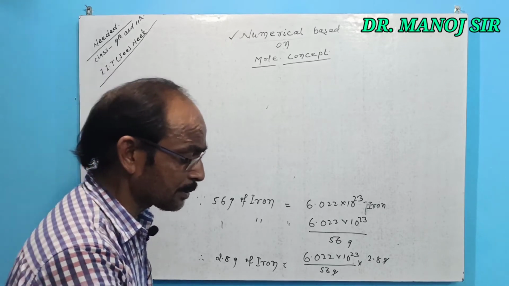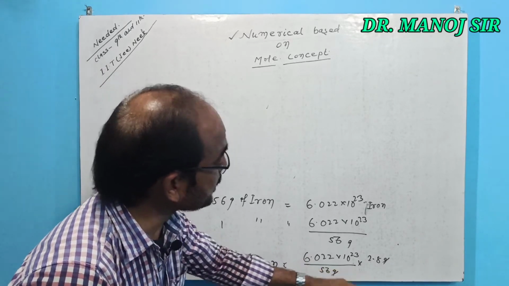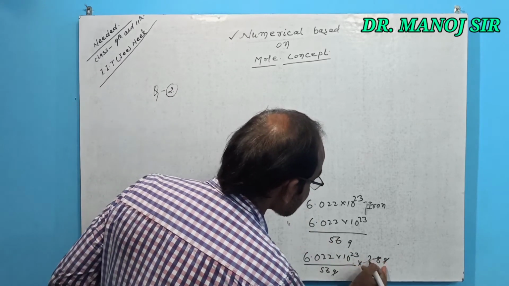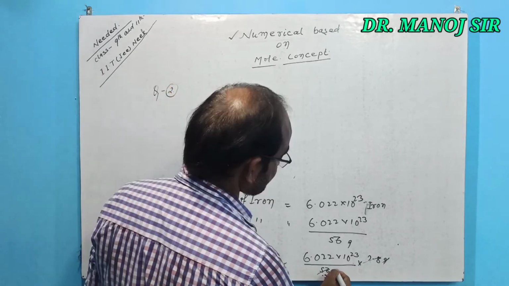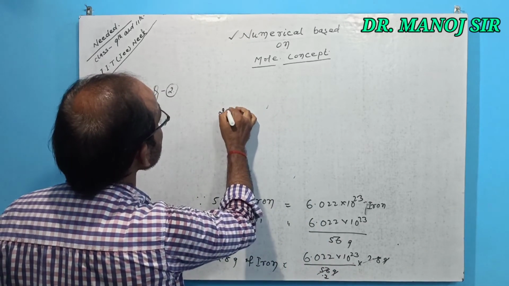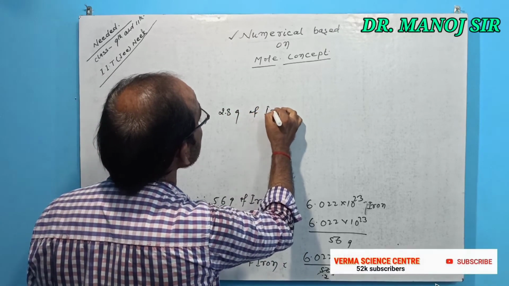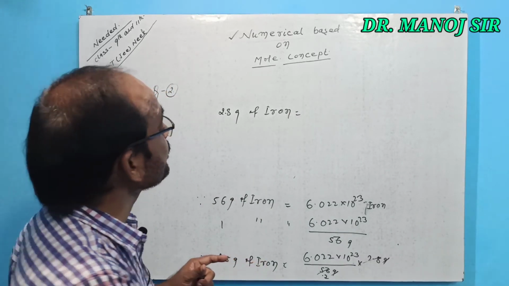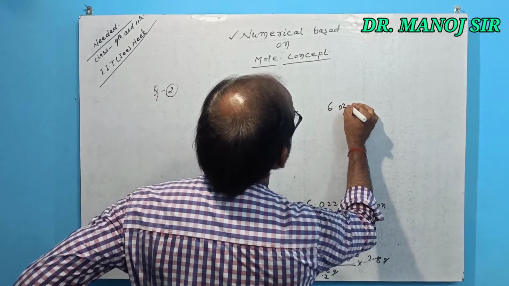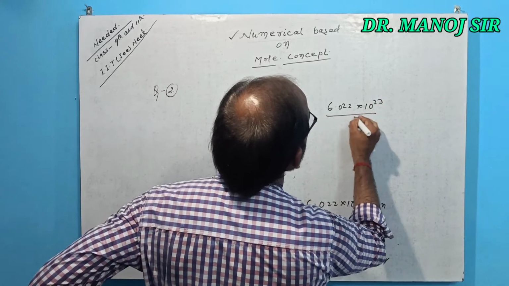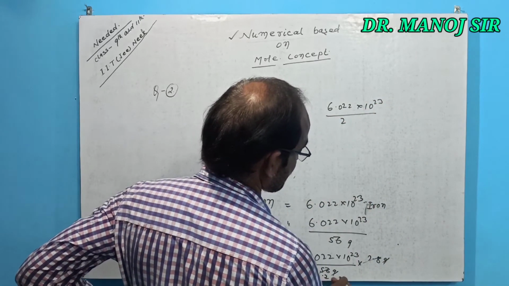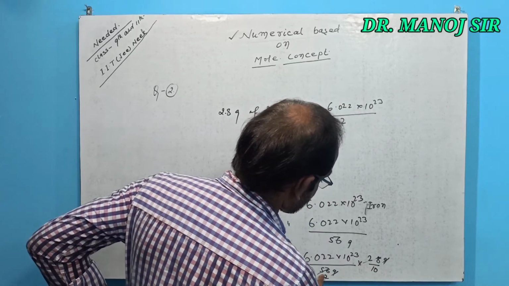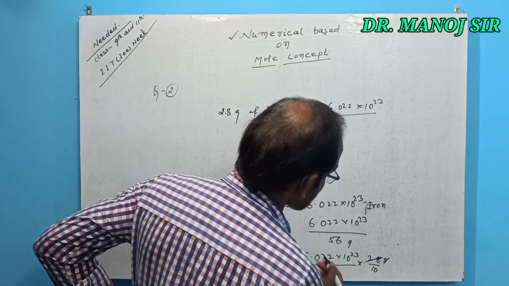Or the solution of this relation will be: therefore, 2.8 gram of iron contains the atoms, that is 6.022 into 10 to the power 23 upon 20, or we may write it 10 that is 2.